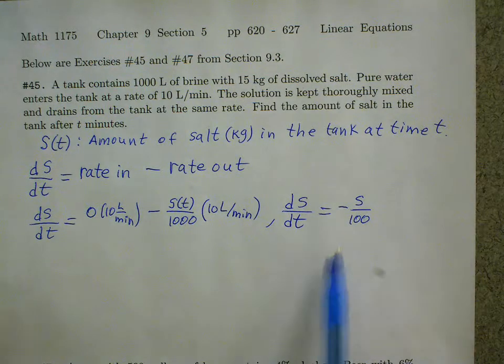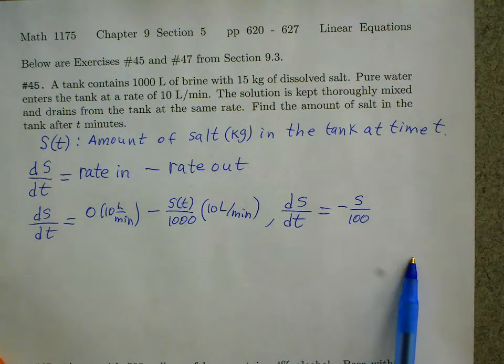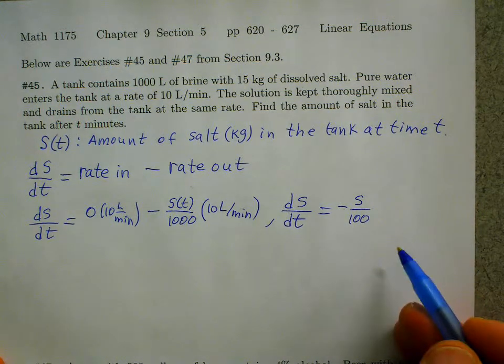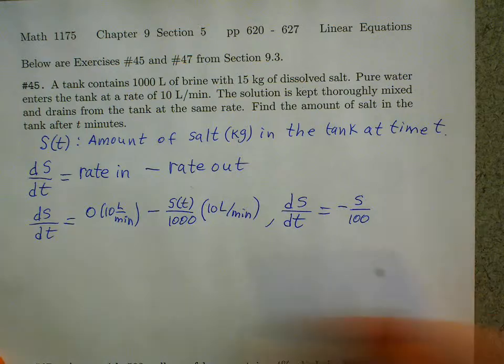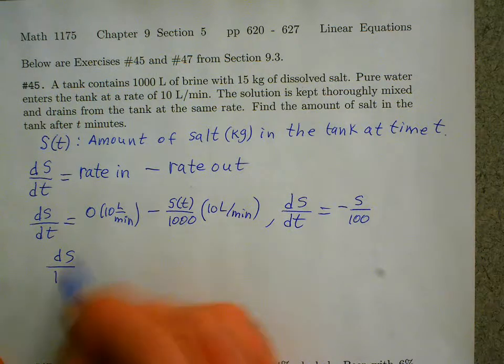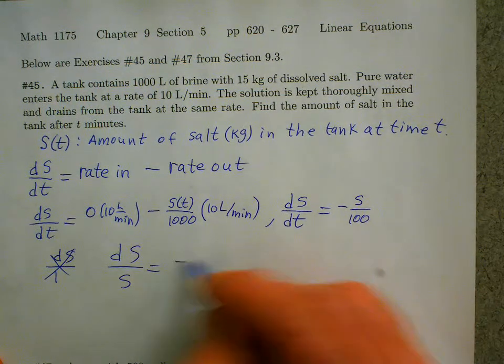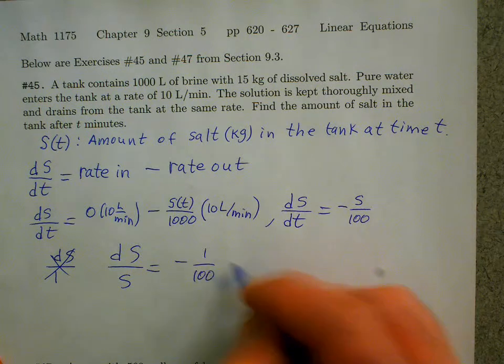Okay, but this is our differential equation. This one is separable. So we can separate the variables. We can write this as dS over S equals negative 1 over 100 dt.